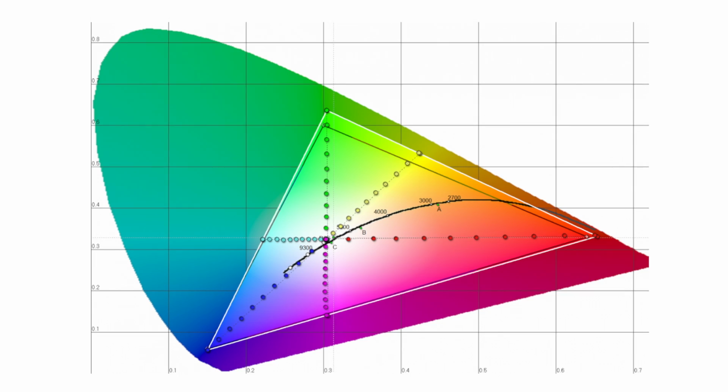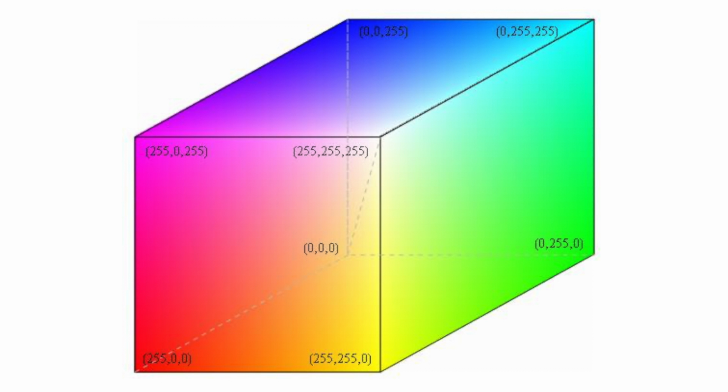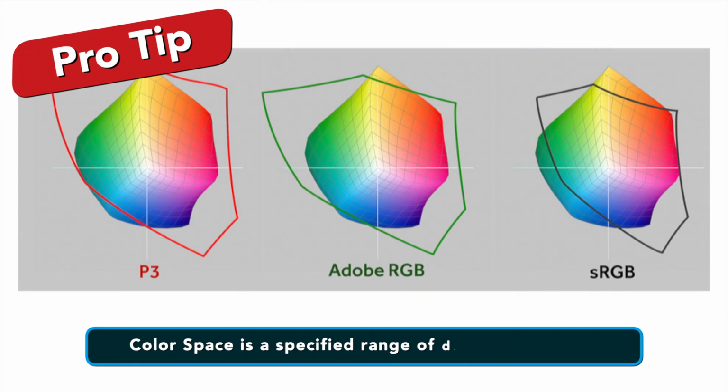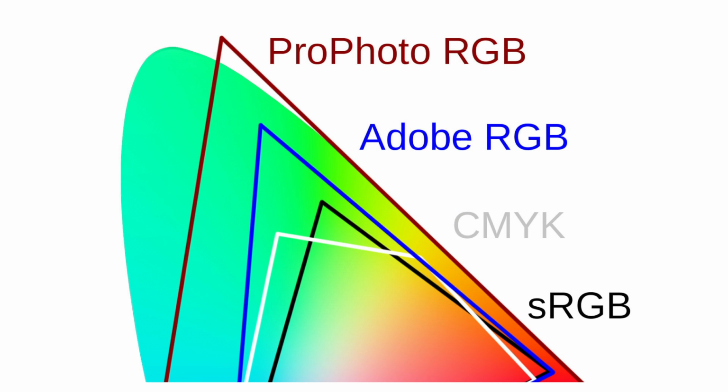So, what is color space? Now that we understand what a color gamut is, let's get into color space and how it relates to color management. Color space is a specified range of displayable colors. Examples of different color spaces include sRGB, Adobe RGB, ProPhoto RGB, CMYK.